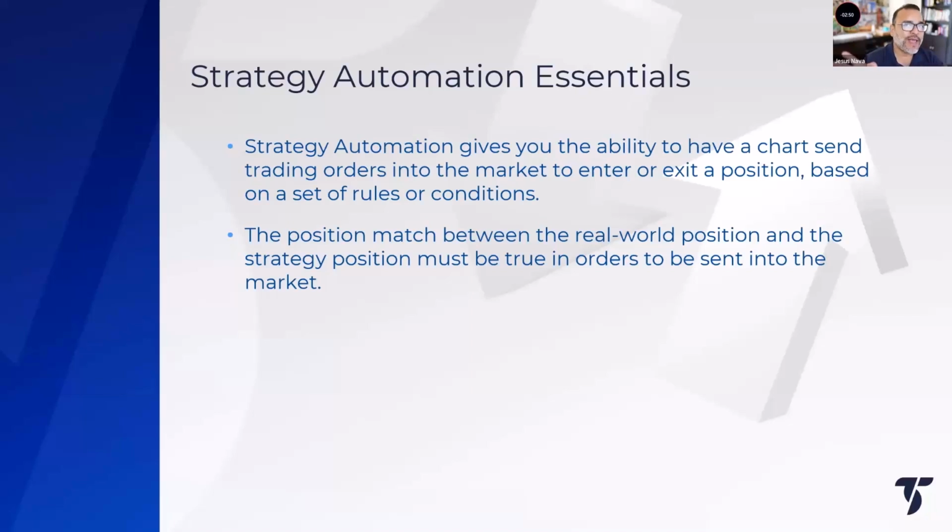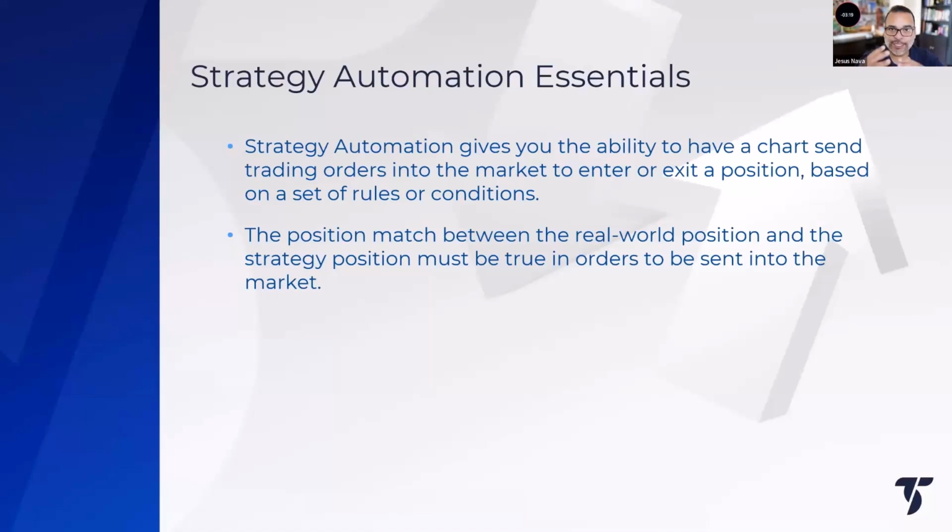The only way that an automated strategy is going to be able to automate the exit of your already existing position is for the strategy to be able to see what you have in your real account and somehow match it so that it knows exactly what position you have, how many shares or contracts you own, and it knows exactly what type of order to generate.